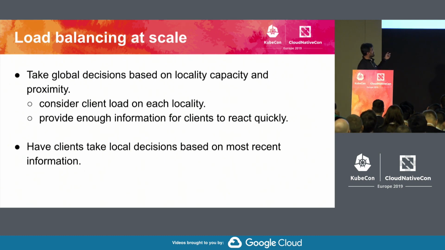Now, this is not really possible in the gRPC LB protocol. The gRPC LB protocol doesn't really have the information of locality encoded in it, but this is something which already exists in the XDS protocol and is already available in the form of locality and endpoints.